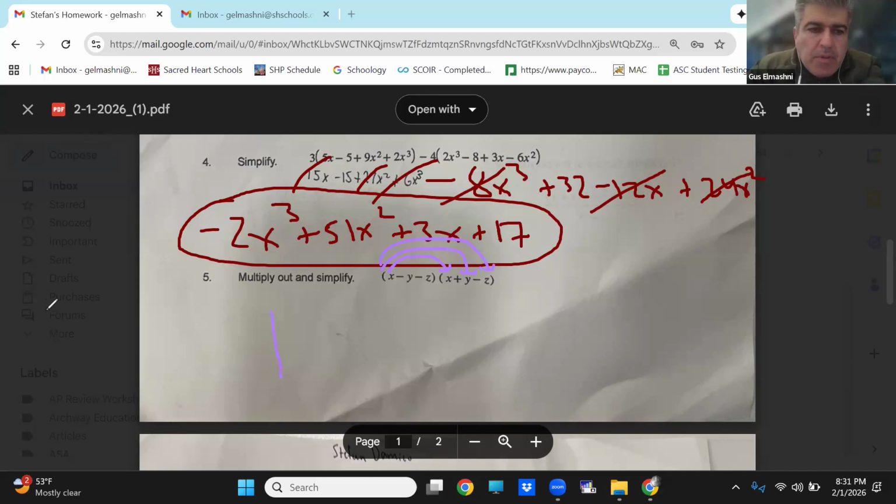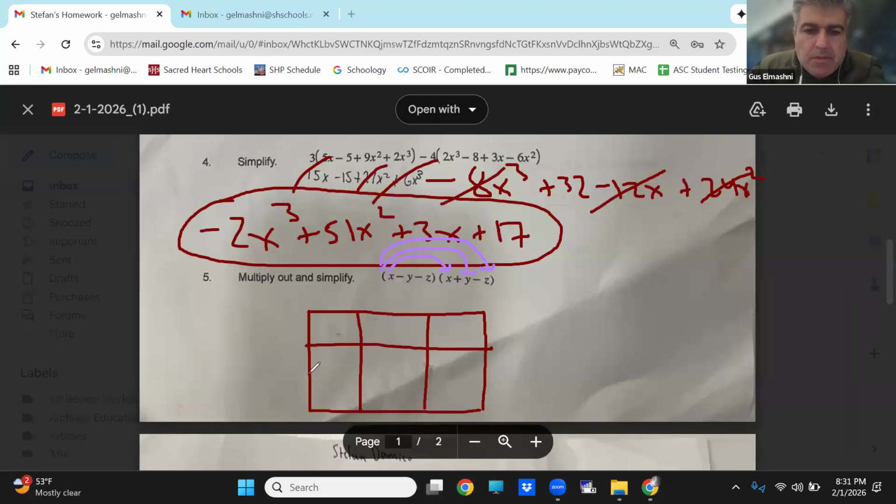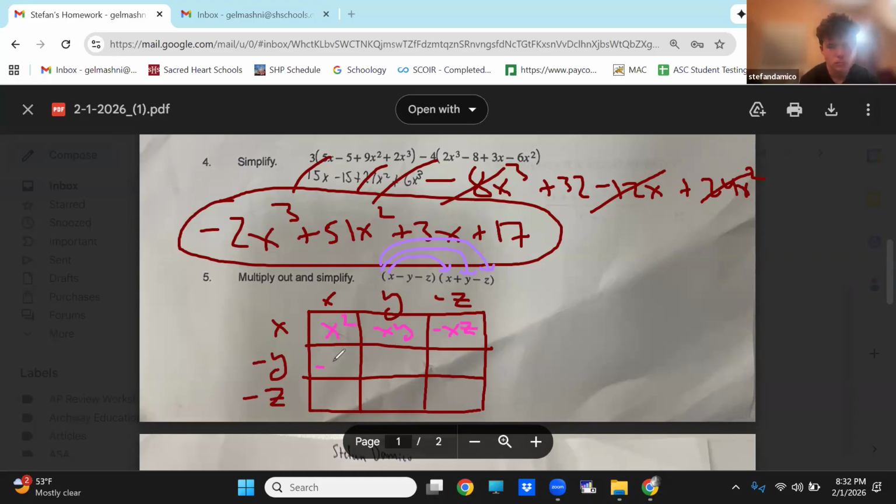But yeah, we'll actually do this. Let's make a grid. See, by doing that makes it more organized, right?